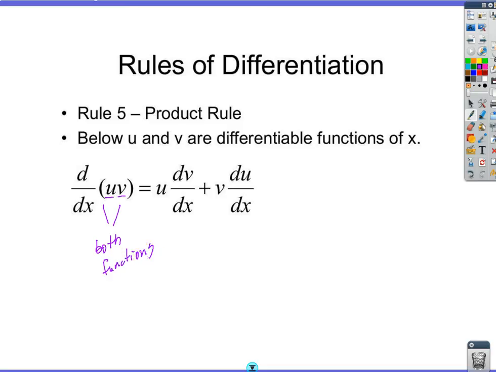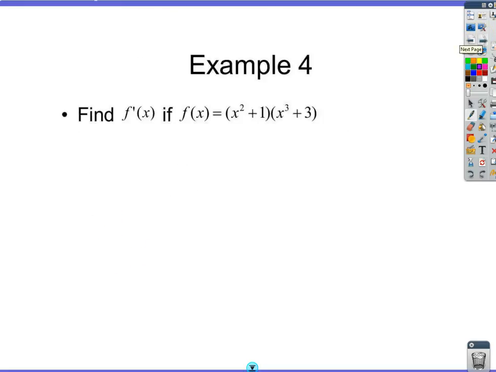What it's saying is, in a product rule, I want to leave the first one alone and take the derivative of the second. And I'm going to add that to the result of leaving the second one alone and multiplying it by the derivative of the first. I'll show you an example. It really should say example 3, but it says 2a.